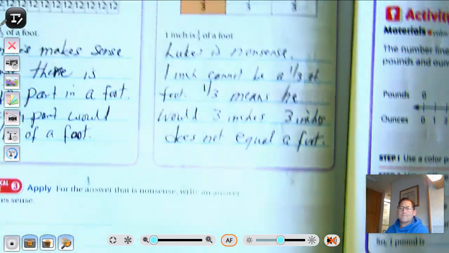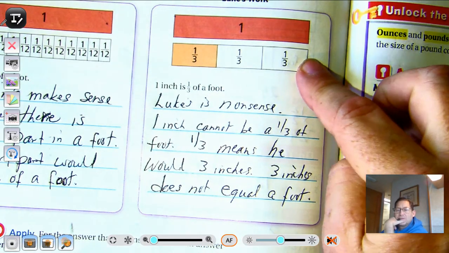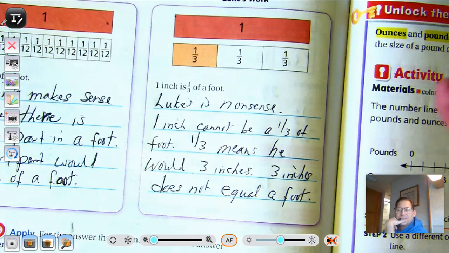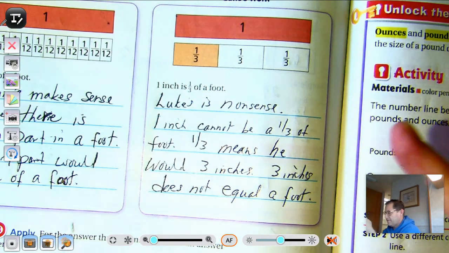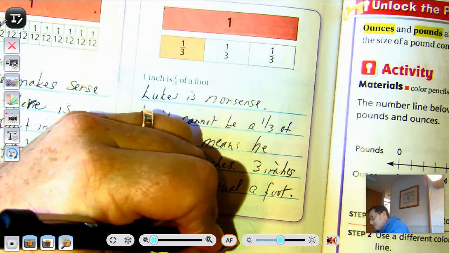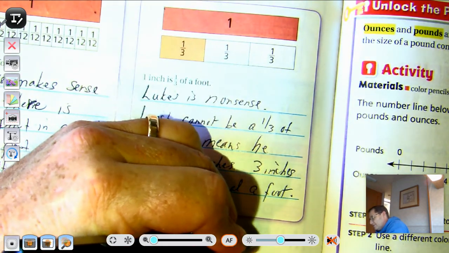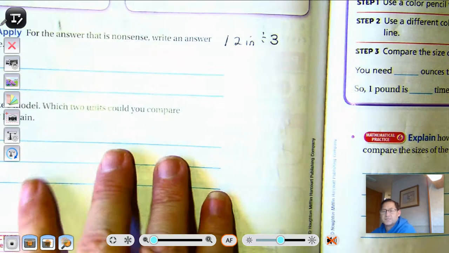Well, okay, if he really wanted to have 3, there's 12 inches in a foot. 12 inches in a foot, divide by 3. So he wants to break it into third size parts.